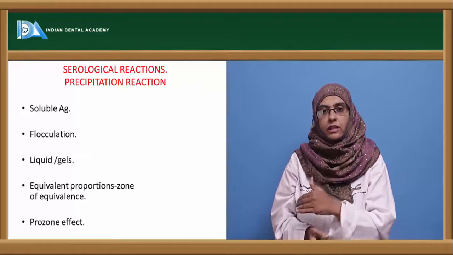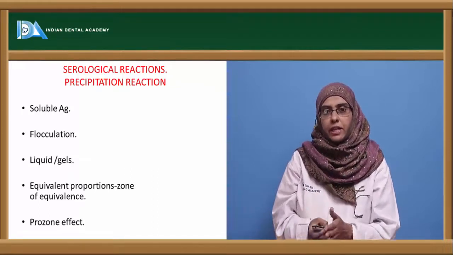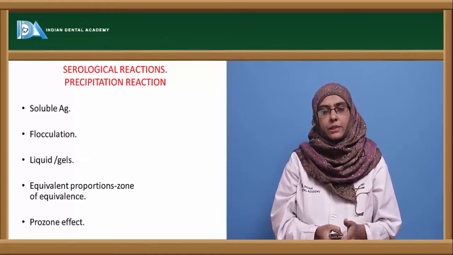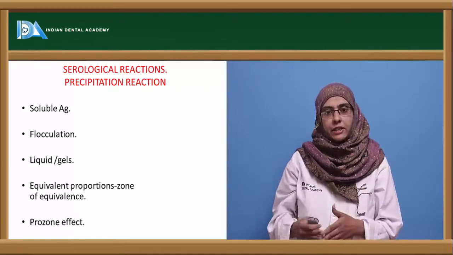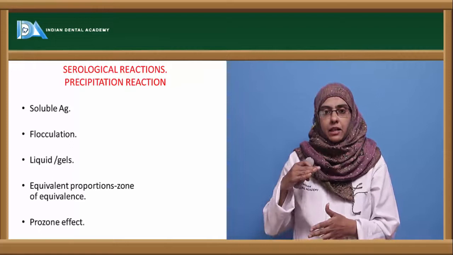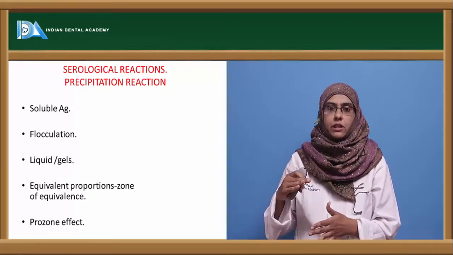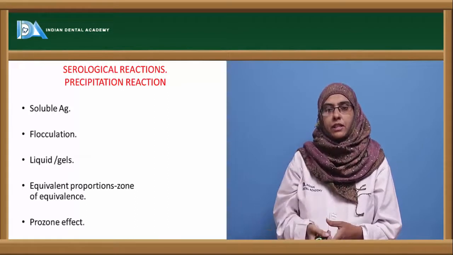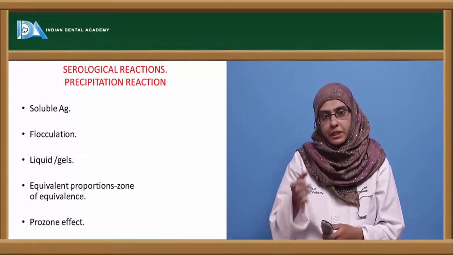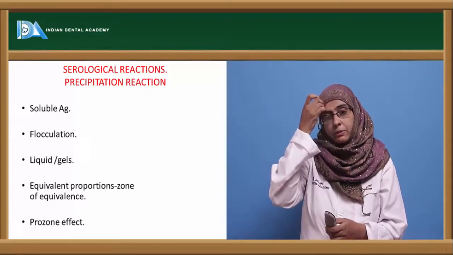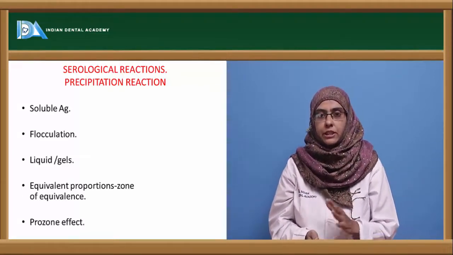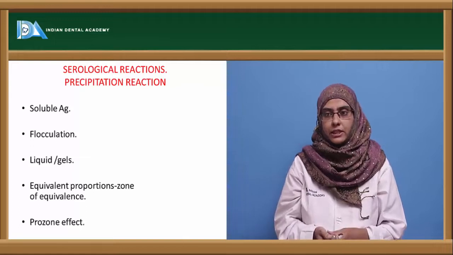So this is called a flocculation test. If it forms an insoluble precipitate that deposits at the bottom of the test tube, it is called a precipitation reaction. And if the precipitate stays suspended in the test tube in between, it is called a flocculation test. So this test is given two names depending on how it gets precipitated: flocculated or sedimented.